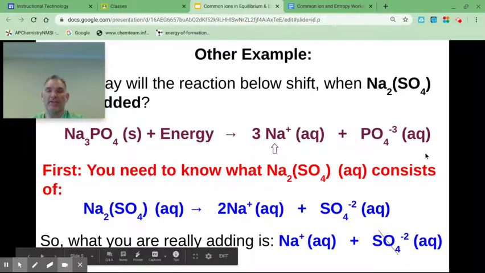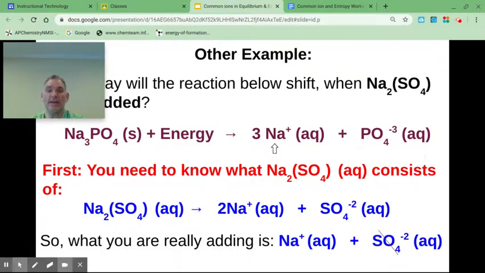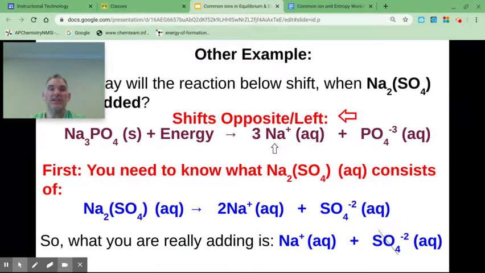Notice how I put the arrow. And where is it? It's on the product side. So this also will shift to the left. So you're going to get in equilibrium questions sometimes things that are not in the reaction directly, but you have to understand when they dissolve, they make ions that are inside the reaction. So again, that's the common ion and equilibrium connection.